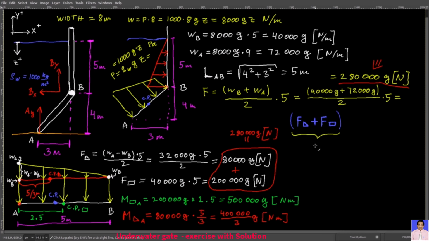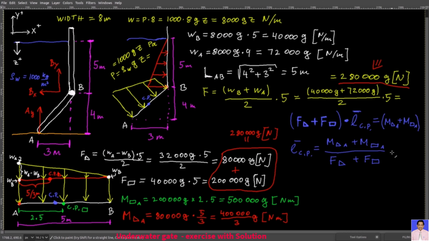That will of course give you your total force that you have here, and then you multiply that total force by this general CP that you have here, which right now is your unknown, and then you add up both moments. That will of course give you the total moment about point A, and now this L bar CP is the sum of the moments over the sum of the forces.